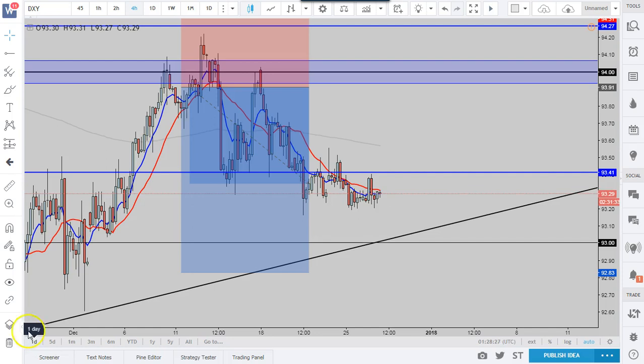I want to show you guys how to use the Fibonacci tools to predict price movement, and where price is going to stall or where price is going to reverse. The Fibonacci tool is mainly used for entry points and also for exit points.